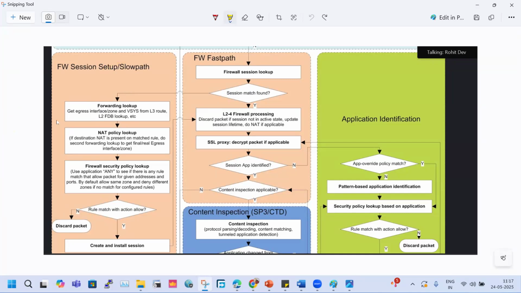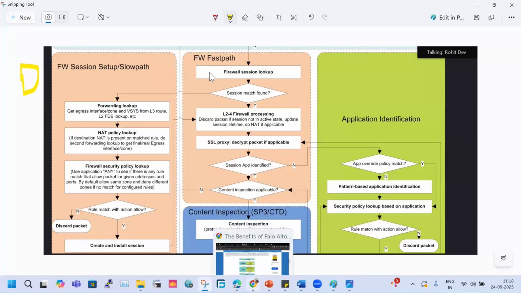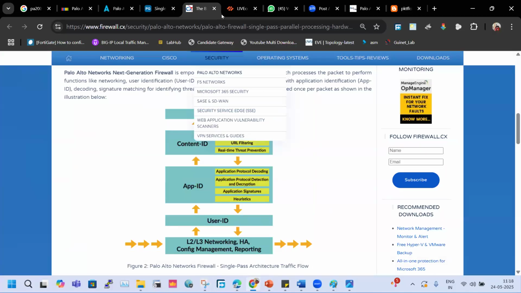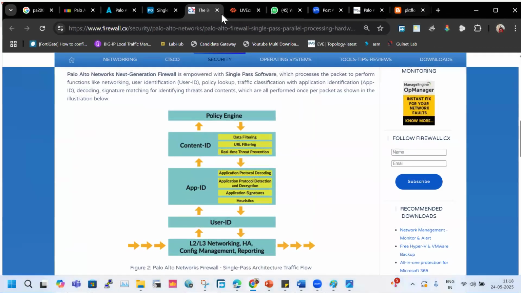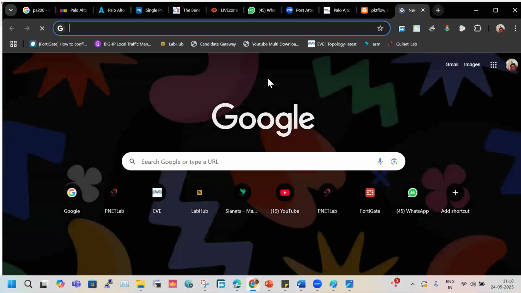The duration. I need to check what the default time is. No worries, we'll discuss it later on. In the case of Palo Alto, it is around 3600, and we can define it. We will check how much time it can hold the traffic.